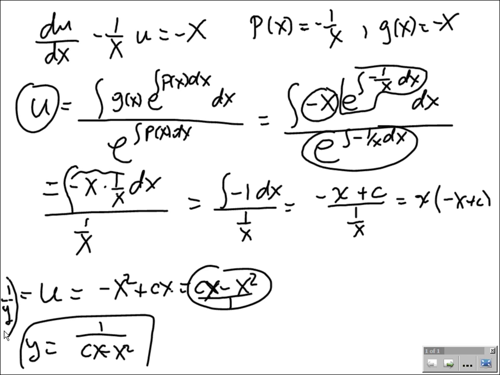Okay, let us try another Bernoulli type problem. Suppose you have that x y squared dy dx is equal to y cubed minus x cubed.